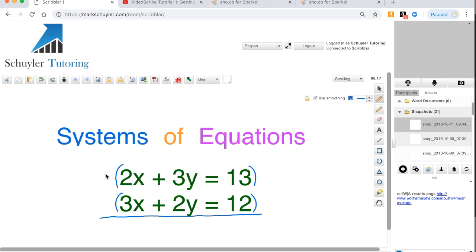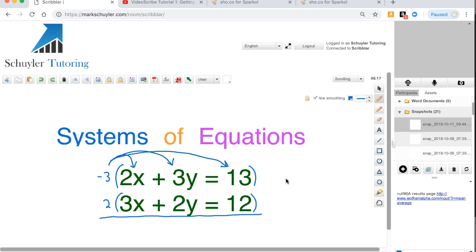So for example, let's say I multiply this top equation by negative 3, and I multiply the bottom equation by positive 2. Now you have to take a second and distribute that negative 3 out to every term of the problem, even on the other side of the equal sign.